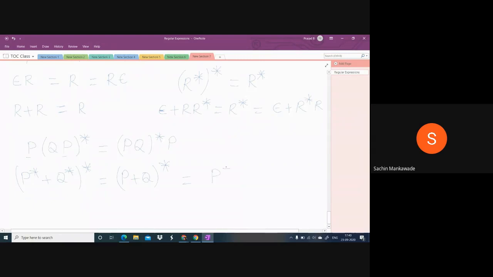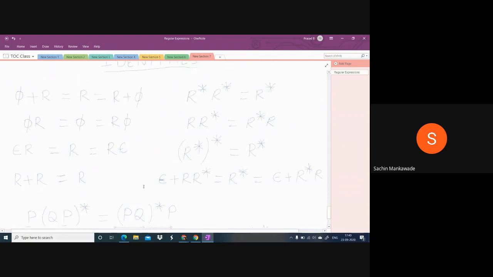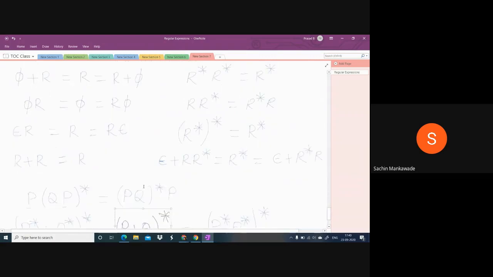Suppose an expression is like this, P star followed by Q star whole star. For this also we write simply this one. Either it is P star plus Q star whole star or P star Q star whole star, for these two we can write simply this one. Next.